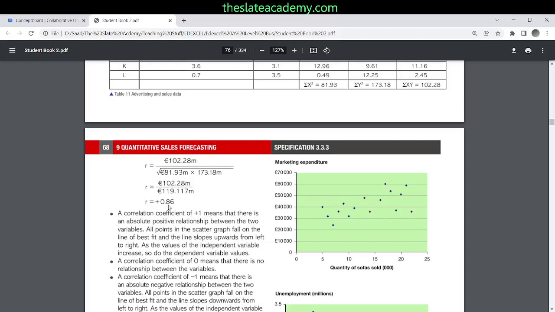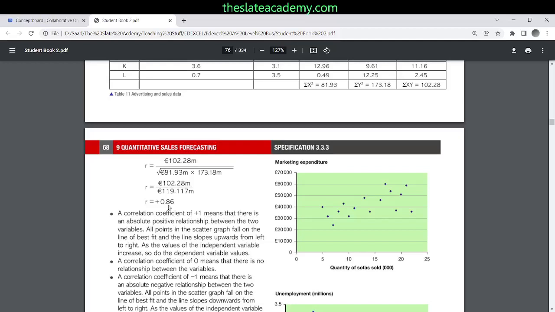First of all we have got no correlation, which is 0. We have got a positive correlation, which means if one increases, the other also increases. We have got a negative correlation, which is inversely proportional. One increases, the other decreases. And then we have got strong correlation and weak correlation. If the absolute value of R is less than 0.5, it's a weak correlation.